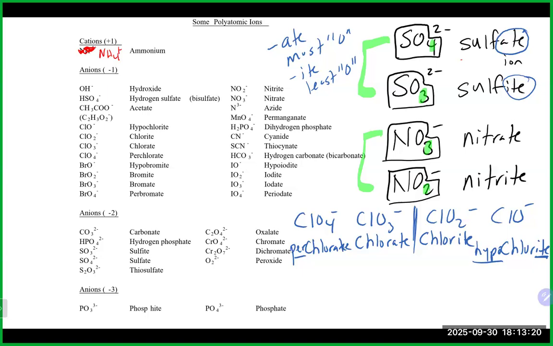By the way, if I switch out the chlorine, which is a halogen, and did not ClO3 minus, but did BrO3 minus, instead of chlorate, that would be bromate, yeah? If I swap it out for an I, instead of bromate, it now becomes iodate. So you can actually swap out the halogen in any of those four, and basically it's named the same way. Just use the halogen name to start with.